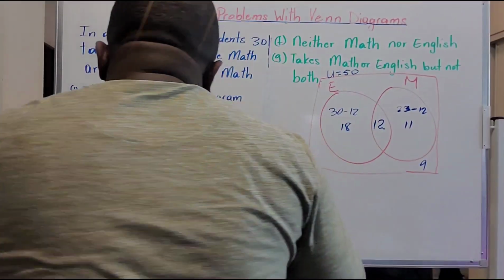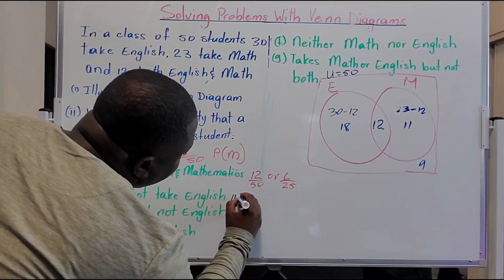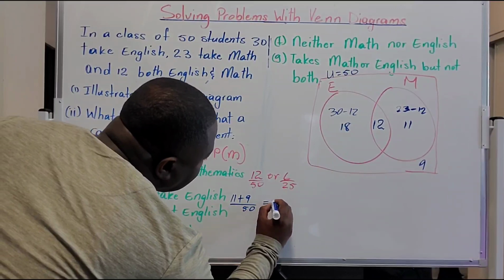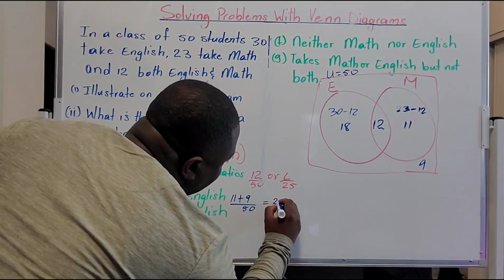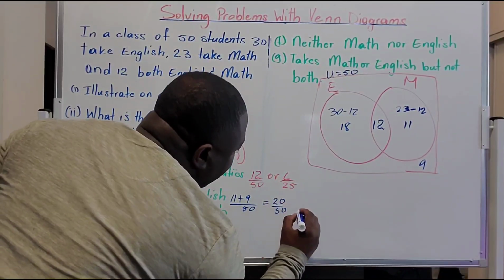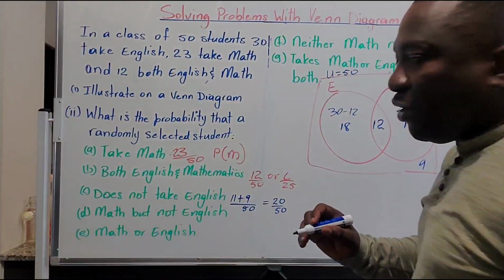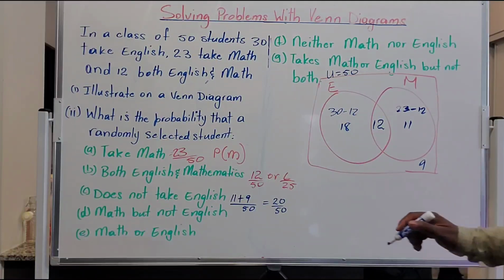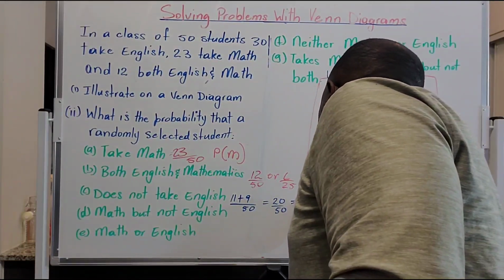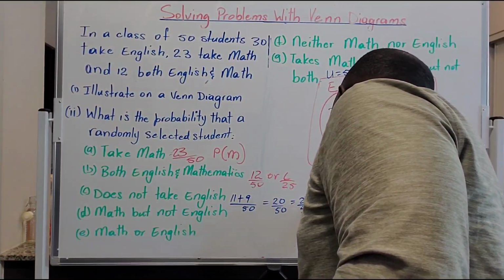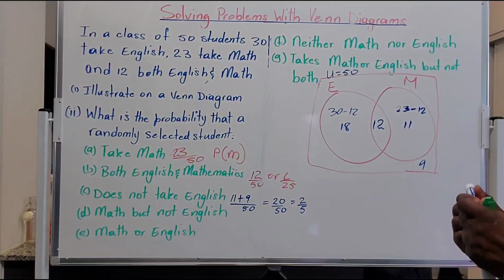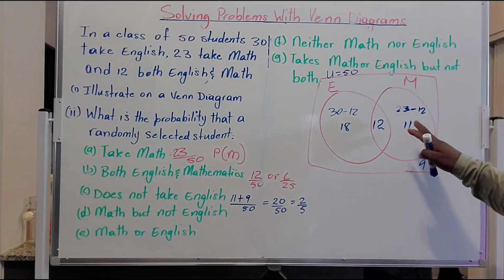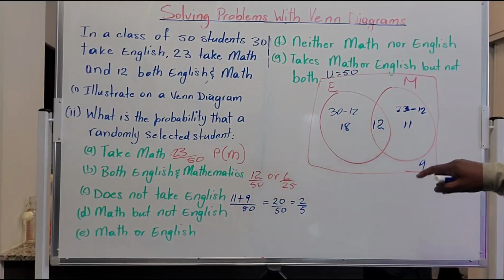So this would be 11 plus 9 all over universal set. So 11 plus 9 will give us 20 over 50, and 20 over 50 can be simplified as 2 over 5, right? So 2 over 5 in terms of students not doing English. So we are looking at this 11 plus this 9.